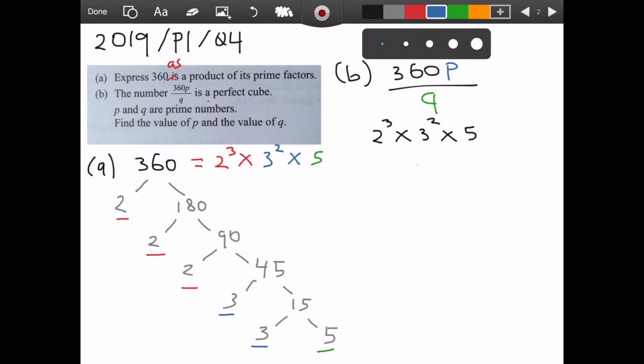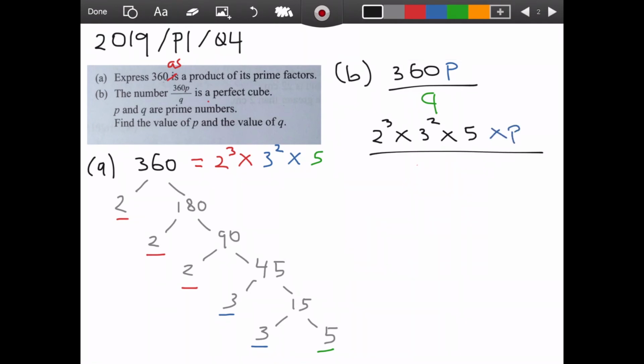And now we have additional p, and we also have q. Early on we defined what a perfect cube is, and if you look over here, you see that 2 already has a power of 3, right? So that means we don't have to do anything with this, because it already fits the definition.